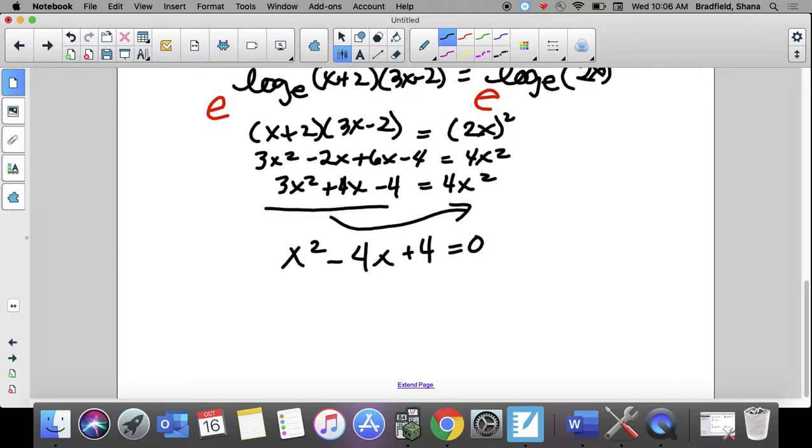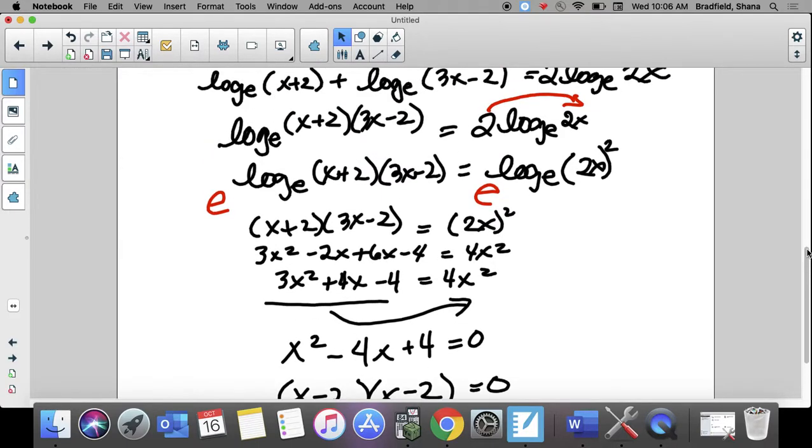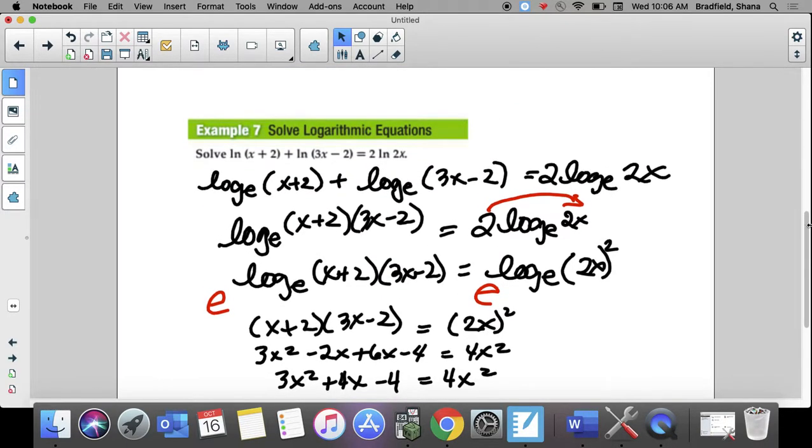And now we can factor, and I get x minus 2 and x minus 2. So it happens twice, which would result in x equals 2. And you just want to check your answers and make sure that that works for the original problem. Is it okay if x equals 2?